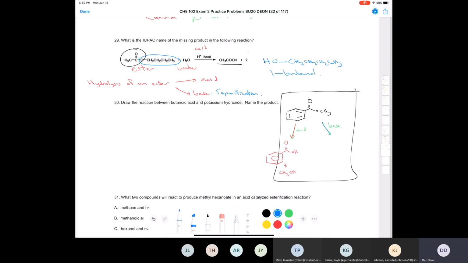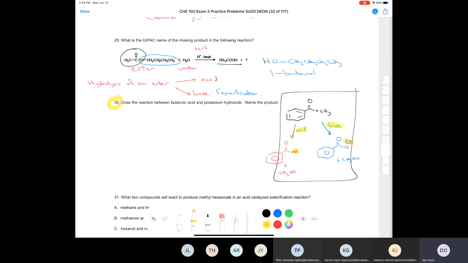If I do it in base, I end up with the benzoate, plus methanol. So when you do hydrolysis in base, you end up with an anion, the carboxylate. You don't end up with an acid, right? But when you're in acid, you get an acid. Makes sense? Okay? Anyhow, that's just kind of an aside. So with that in mind, let's look at question number 30.